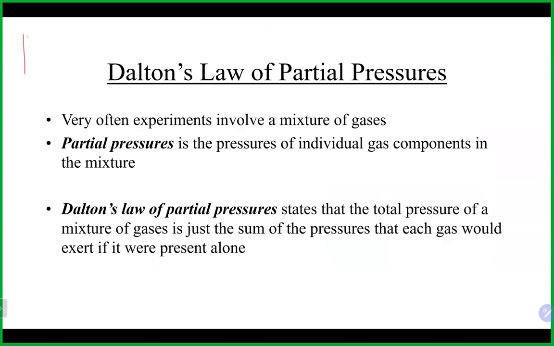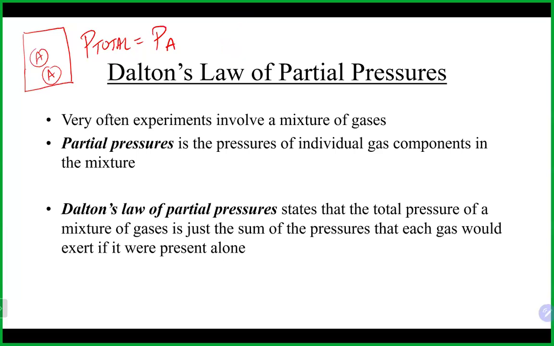If I have a container, for example, and the only gas molecules in this particular container are gas molecules A, then the total pressure of this container is a result of the pressure from gas A, as that's the only gas molecule flying around in that case.